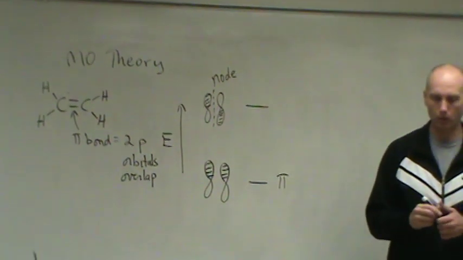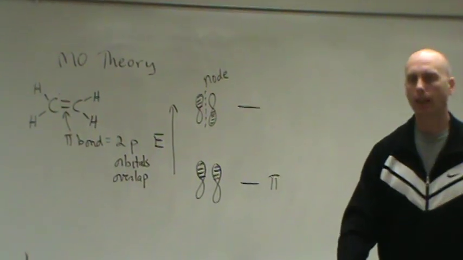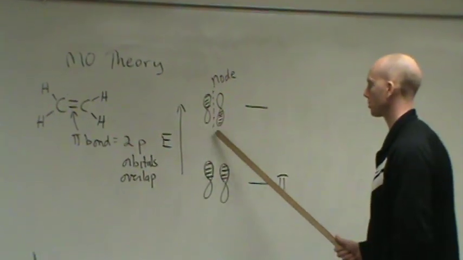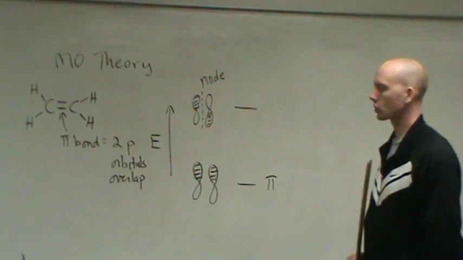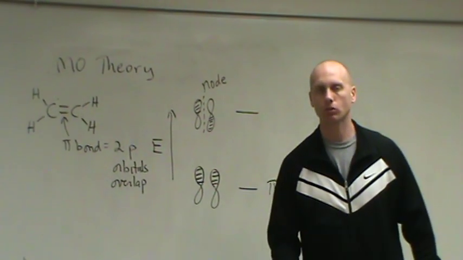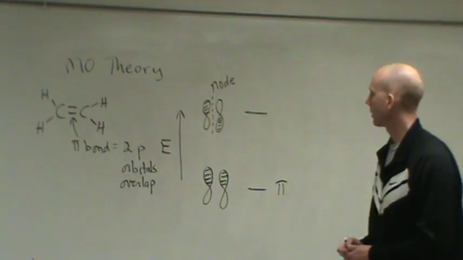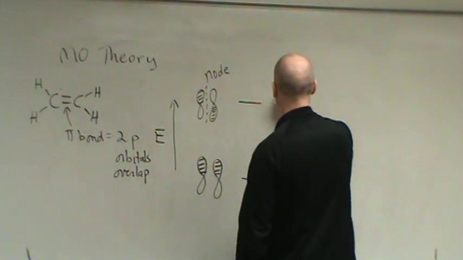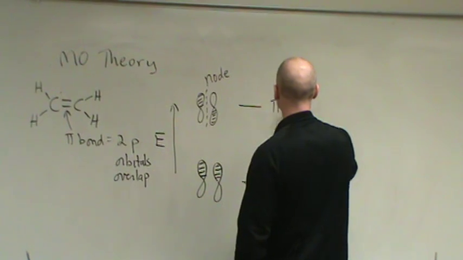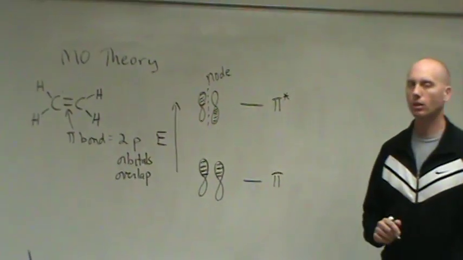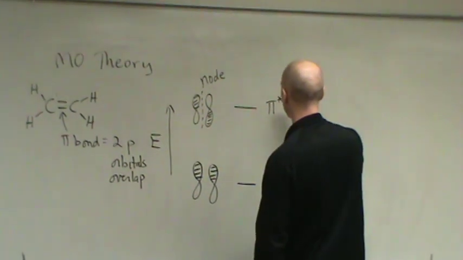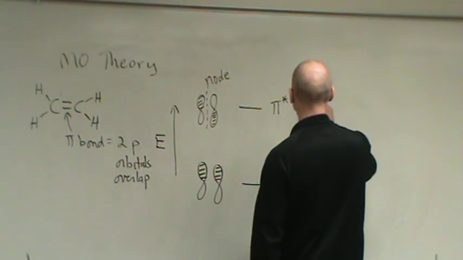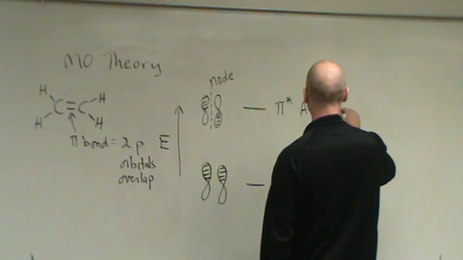And so here we learn an important property that as we introduce nodes in between p orbitals, the energy of that slot starts to increase. And this slot here, we're going to call pi star, put a star there, showing that this is anti-bonding.